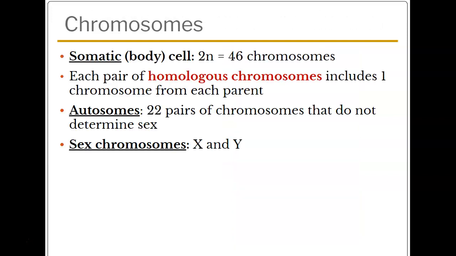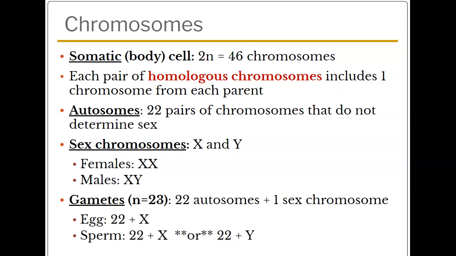Okay, so chromosomes. I mentioned some of this before, but you have, as a human, 23 pairs of chromosomes. 23 from mom, 23 from dad. So we have a total of 46 chromosomes. Every somatic cell, so we have somatic cells and we have gametes.